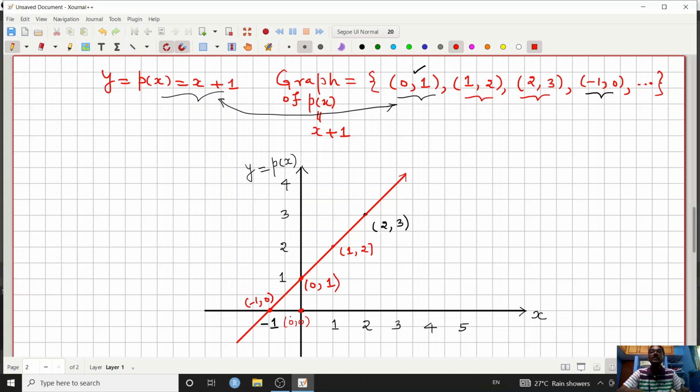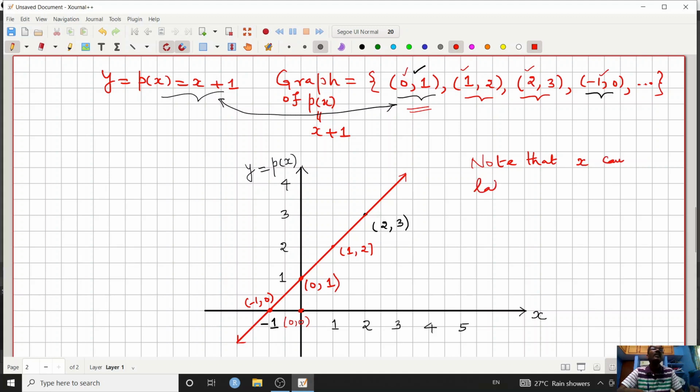The reason is, as I said earlier, for the sake of convenience we have taken only the integer values here for x, but note that x can take any real number.